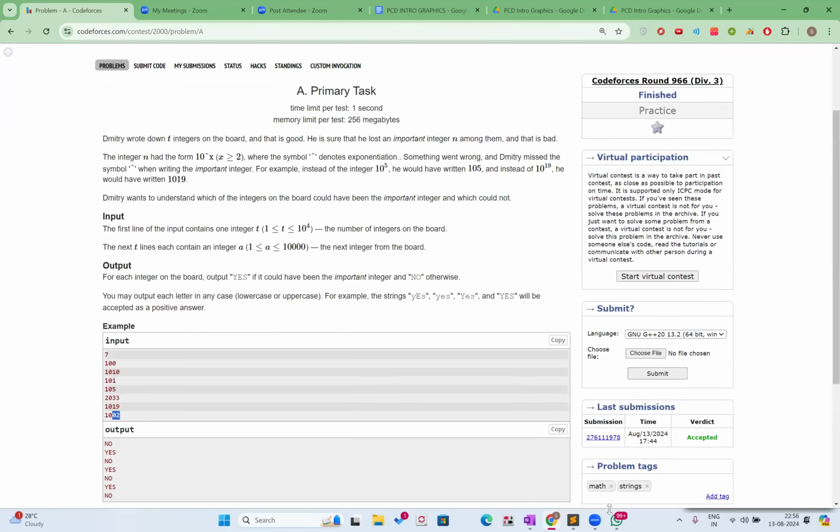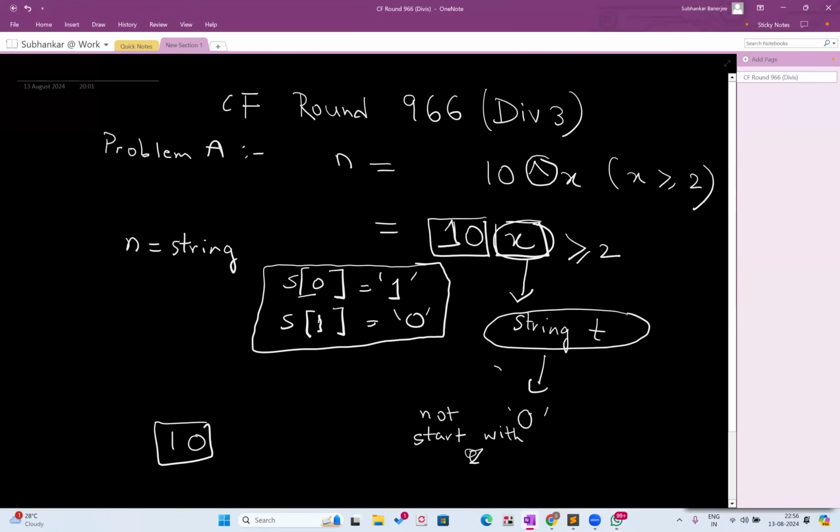So I have some integers. Basically, we have to check whether they are of the form 10 raised to power x, but the symbol of exponentiation is missed.